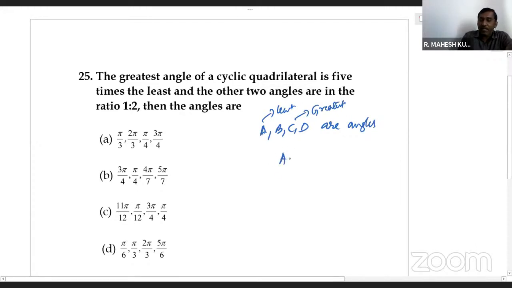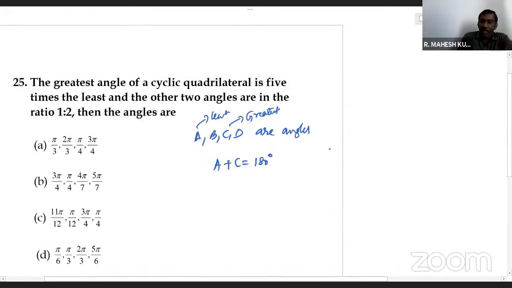If you add A plus C, it is always going to be 180 degrees, right? Now what else is there? The other two angles are in the ratio 1:2, right? So you can write B is equal to 2D.